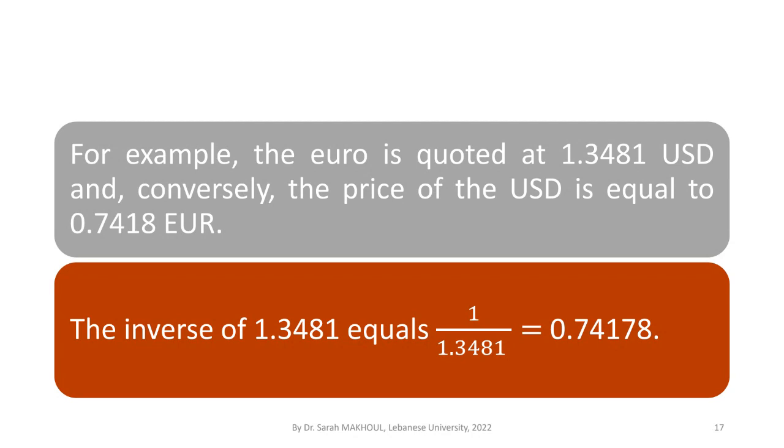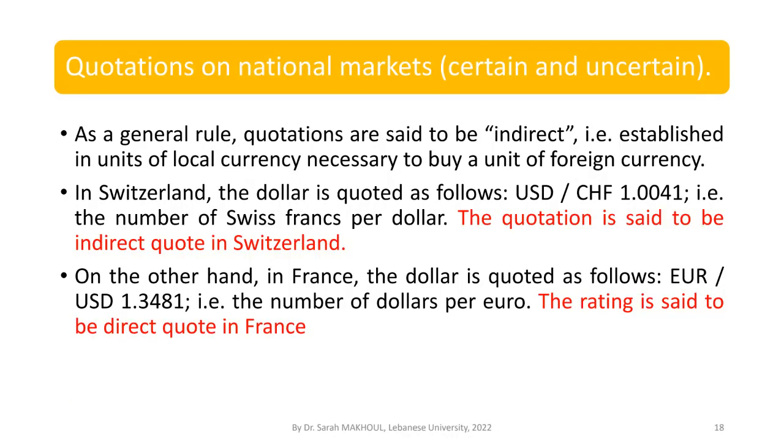It's easy. You do 1 divided by 1.3481, and you will get how much €1 equals against the US dollar.